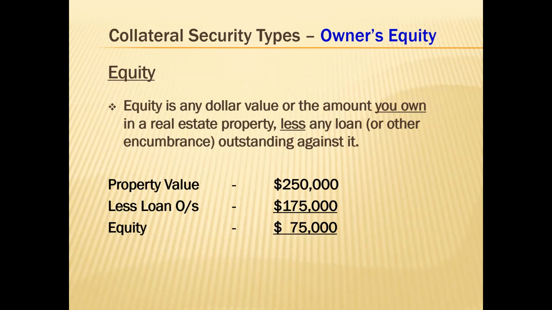An encumbrance could be real property tax. An encumbrance can be a second mortgage at some other financial institution. An encumbrance could also be attached by the courts. So, for example, if someone pledged their property to stand bail for somebody, there will be an encumbrance on that property until the bail conditions have been met.